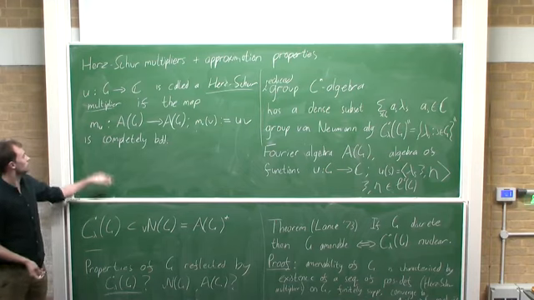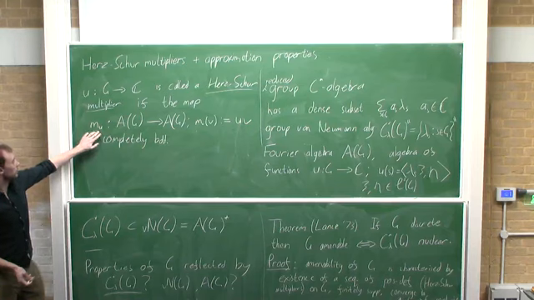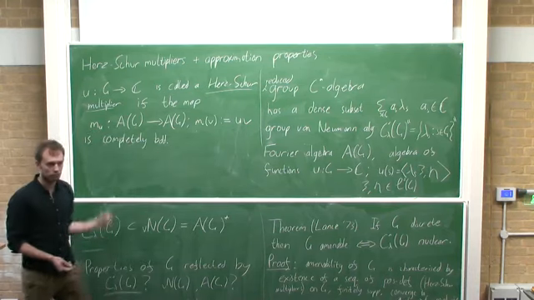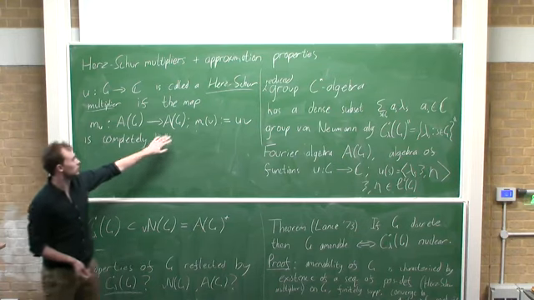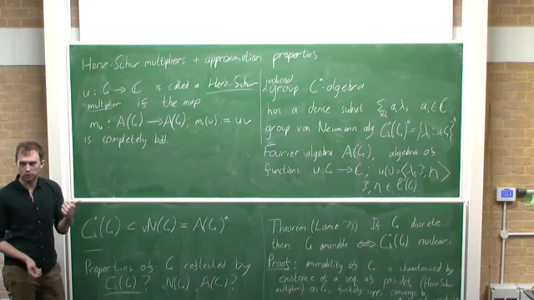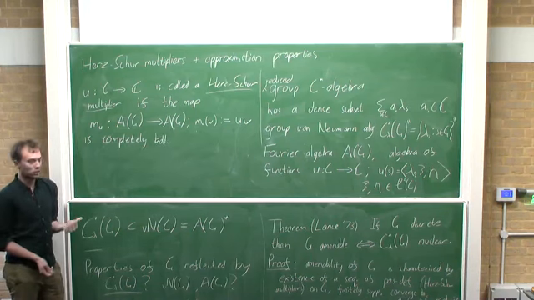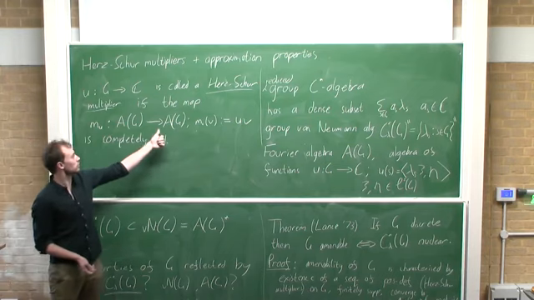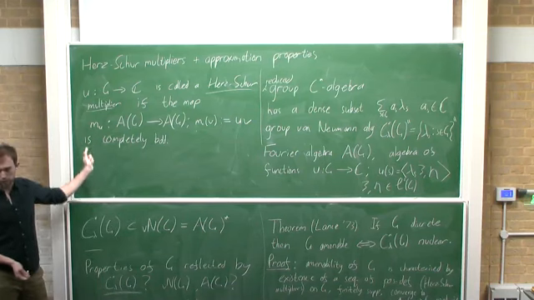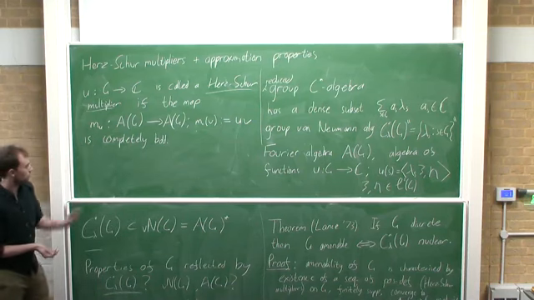What I mean to indicate here is that if you use just any function, the pointwise product doesn't necessarily land in A of G. So that's one of the properties of U that we're asking for: the pointwise product should again be in A of G, and this map should be completely bounded.